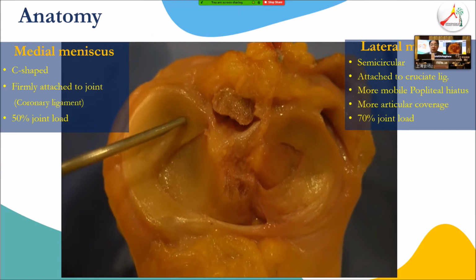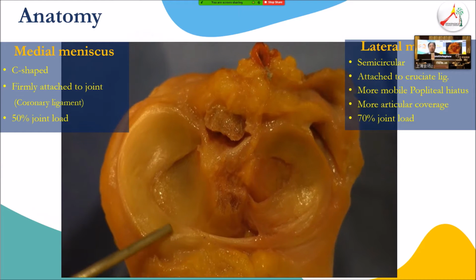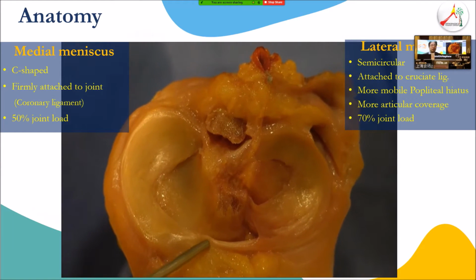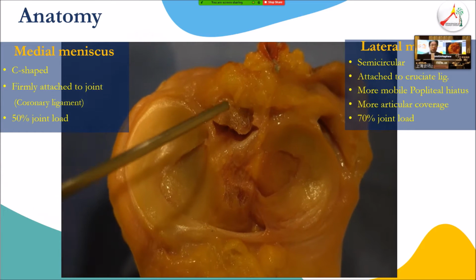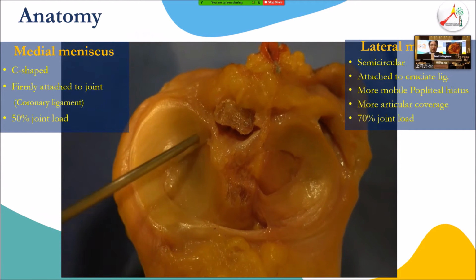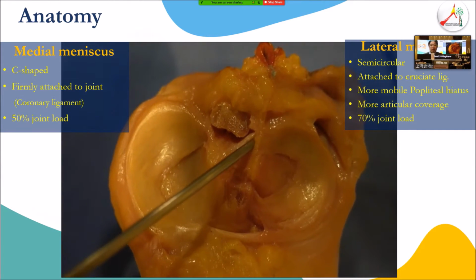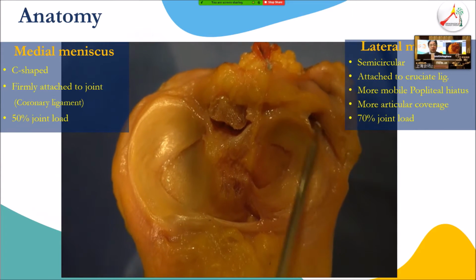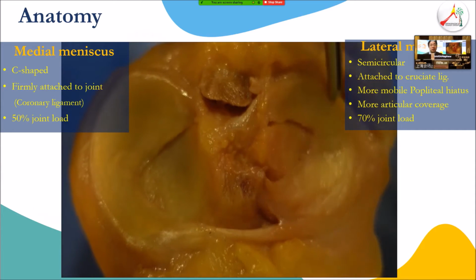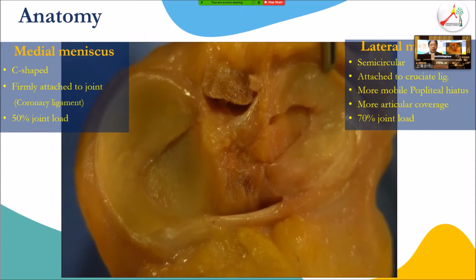Okay, so first let's look at the anatomy of the meniscus. This is a very important structure for me. I think the meniscus is more important than the ligament. You can do ligament reconstruction, revision 2 times, 3 times, but meniscus you can do only one.